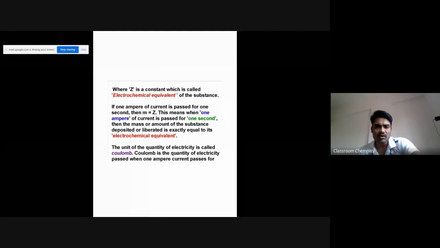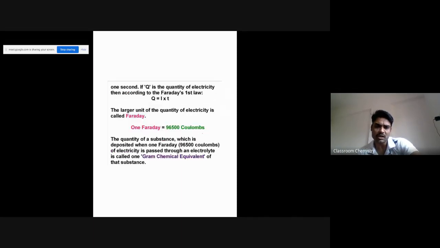That is, if Q is the quantity of electricity, then by applying Faraday's first law, Q is equal to I into t.